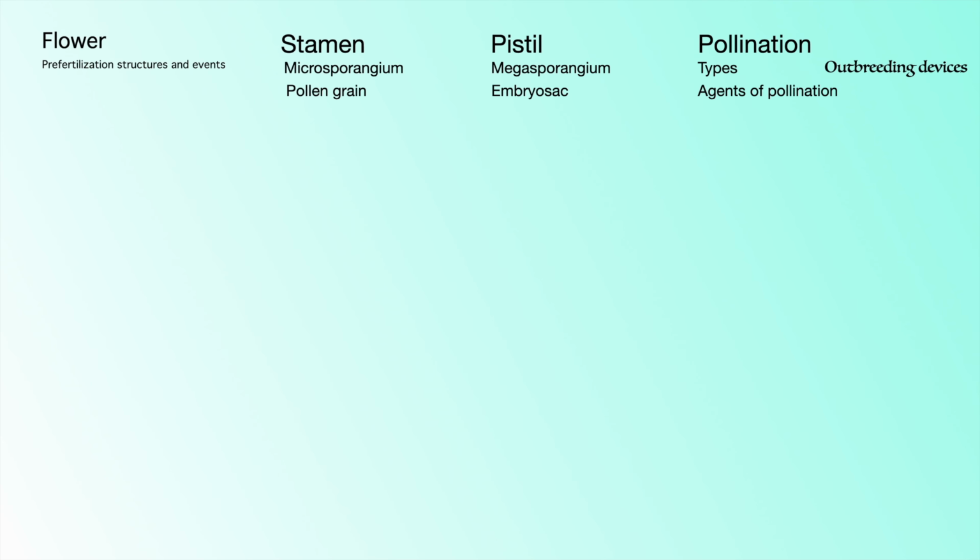Now, the female flower has to receive the pollen grain. Two groups of plants are present based on female flower position. One group, like Vallisneria. Here, female flowers reach the surface of the water.